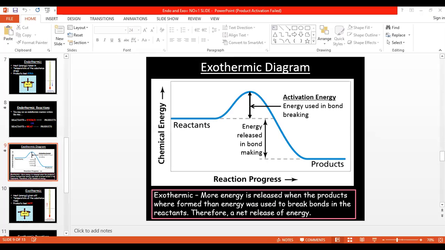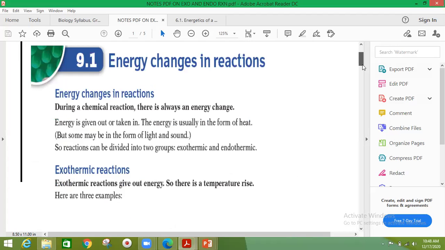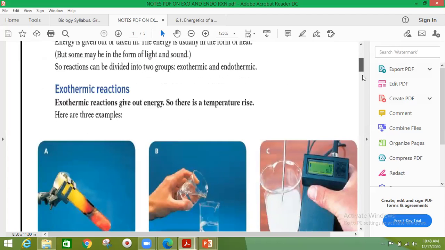Come back to this diagram and I'm going to show you from your chemistry book. See now. Chemistry grade 10, exothermic, as I told you, topic number 9.1, we finished yesterday about exothermic.